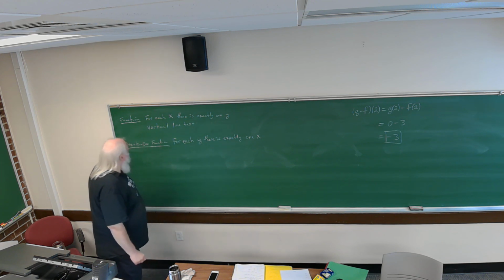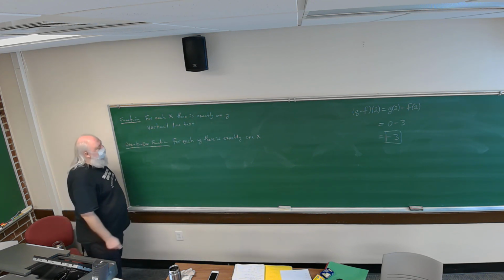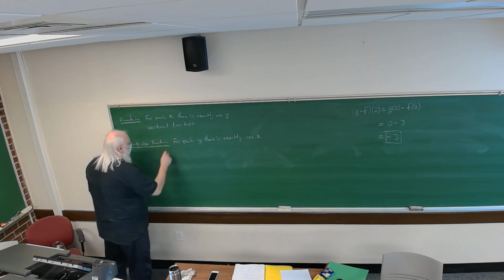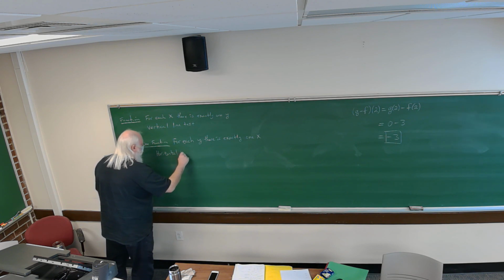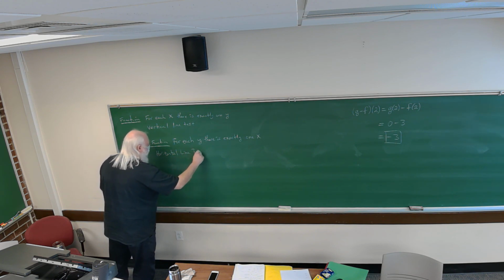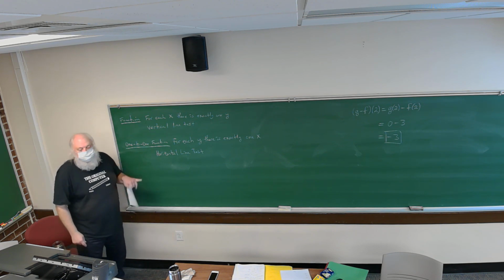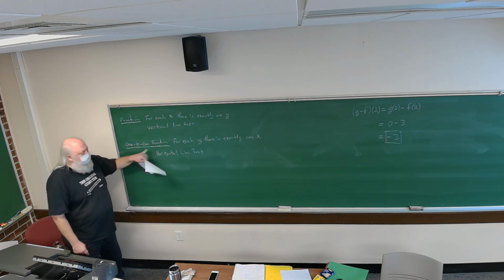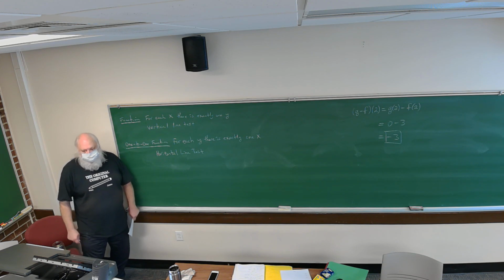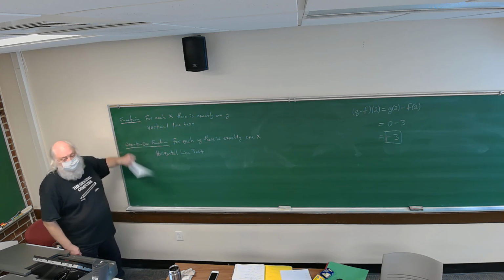And for that, given the graph of a function, to determine whether it's one-to-one, we have the horizontal line test. Why is this important? Because we're talking about inverse functions, and only one-to-one functions have an inverse function. Not all functions do.